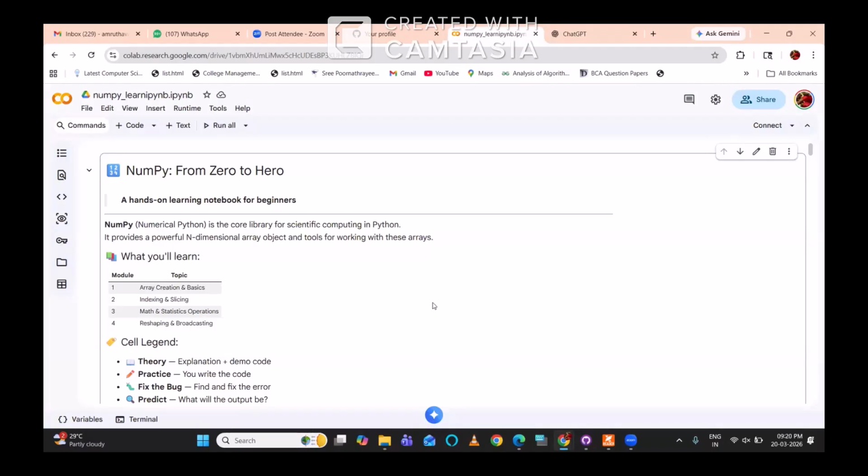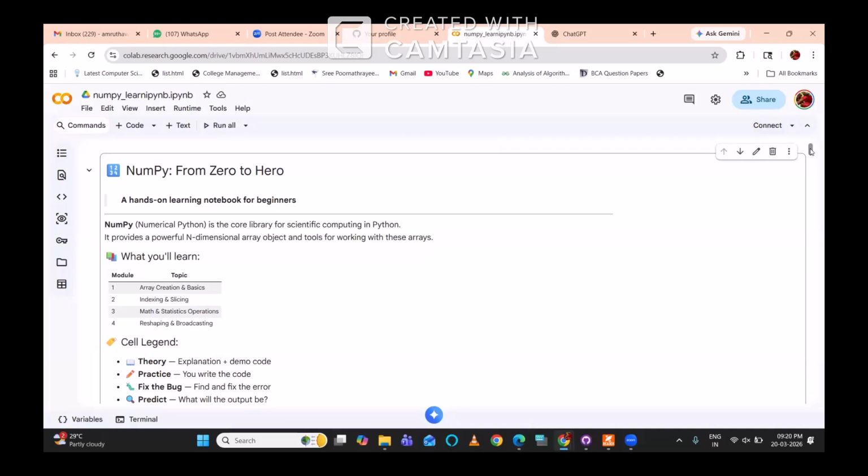Okay, to support such kind of operations and requirements, we have a very important package in Python which is called NumPy. Okay, it is also called numerical Python. It's a core library for scientific computing in Python. It provides a powerful n-dimensional array object and tools for working with these arrays. So whenever you need to keep an n-dimensional array, then we have to use NumPy as an efficient tool.